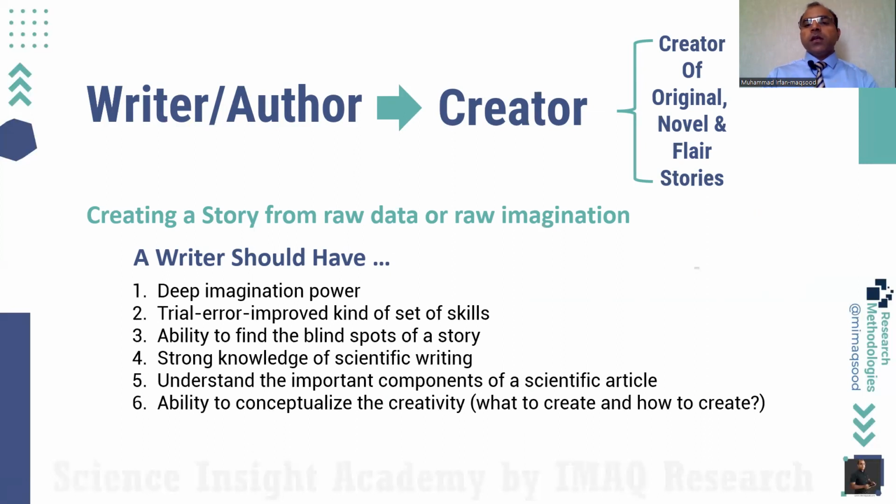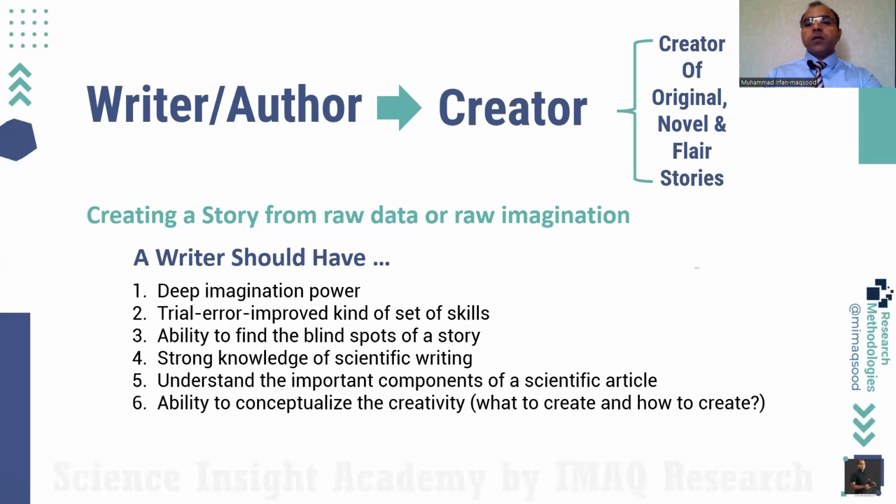For example, if you are writing a review paper, you should know the basic components of that review paper. For example, original research papers, organizational reports, epidemiological reports, or technology development reports. You should know the basic components of your scientific articles, what kind of headings and subheadings you are giving. And also you should have the ability to conceptualize the creativity, meaning what to create and how to create.